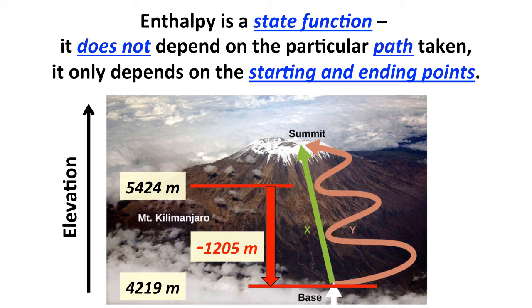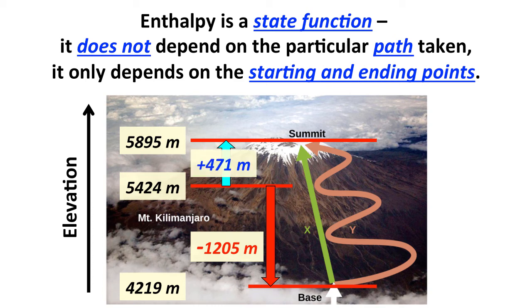Now the rest of the group has enough energy and they're not so altitude sick, so they're able to go to the summit, which is at 5,895 meters, the highest point in Africa. And after they've reached the summit, of course, they celebrate a little bit, and then they head back home.